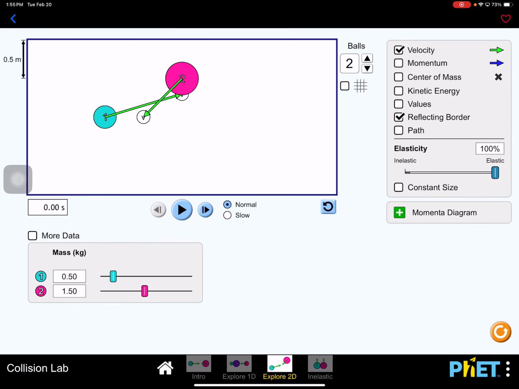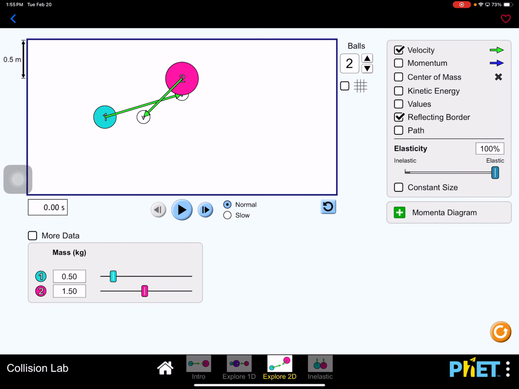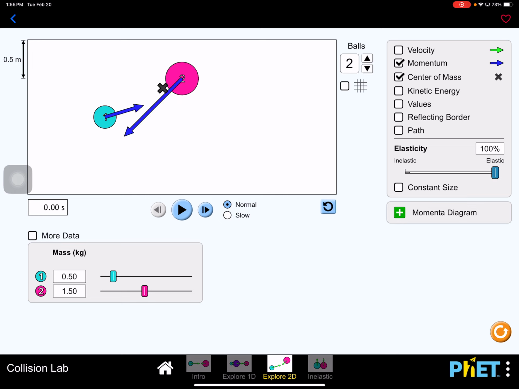So I showed you 1D collisions, but now I'll show you 2D collisions. I haven't told you what center of mass is right now, but you'll learn soon enough.